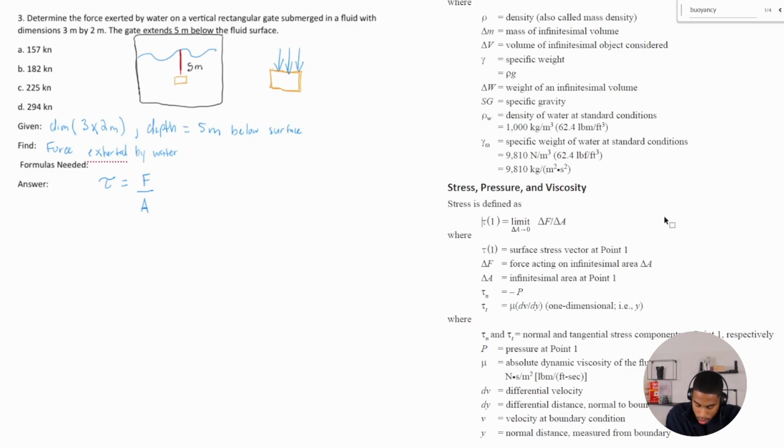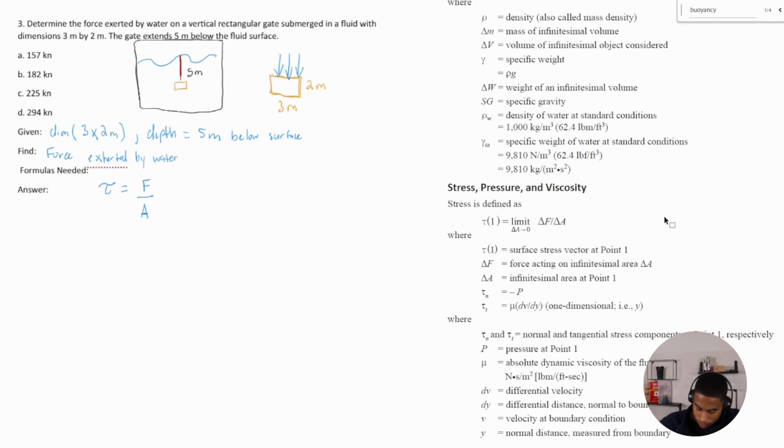So if you think about this in 3D, you've got it 3 meters by 2 meters. And so the area that we would be using would be 3 times 2, right?